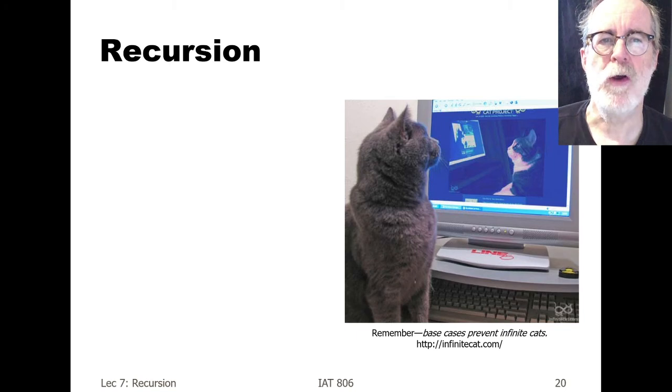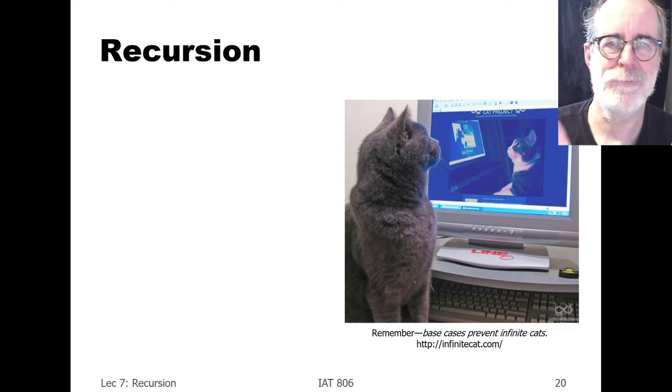Okay, so remember, if you don't have a base case, you will get infinite cats. And so this is a web page that is out there. It's called infinitecat.com. It had been around for a long time, I think maybe 15 or 20 years. It has recently been bought by a cat product company, and they've kind of wrecked it.